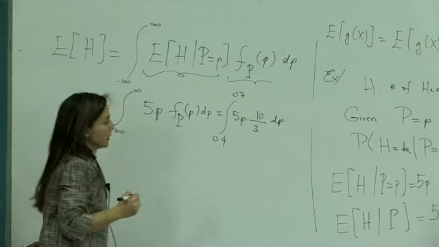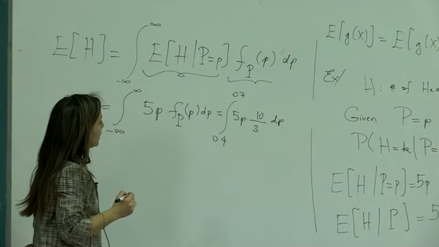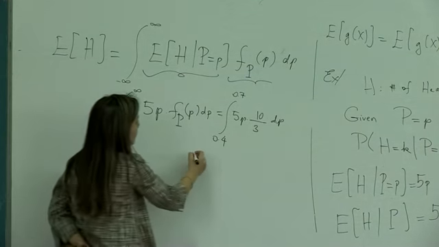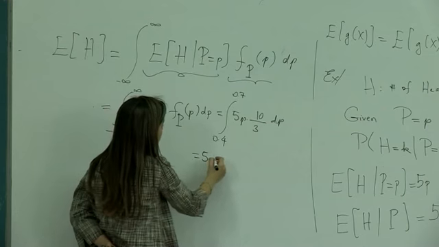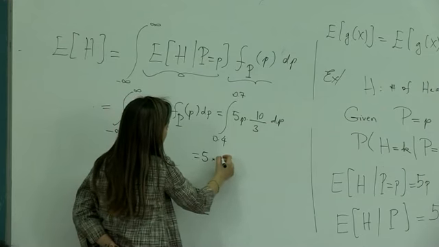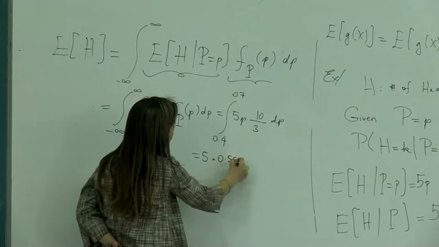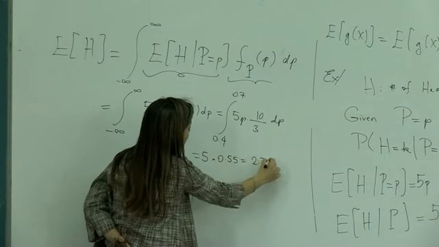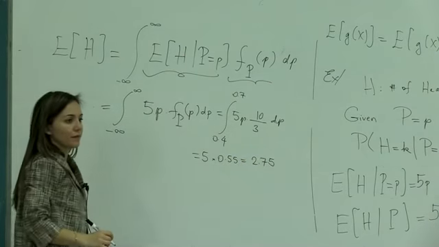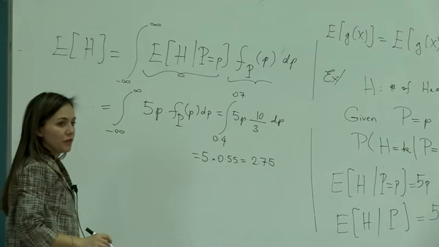We just have this integral. And basically, this is equal to 5 times 0.55, which is 2.75. Any questions?